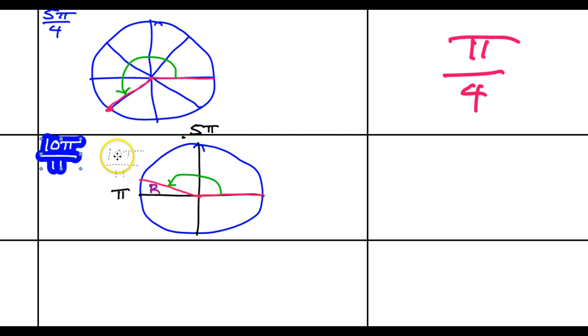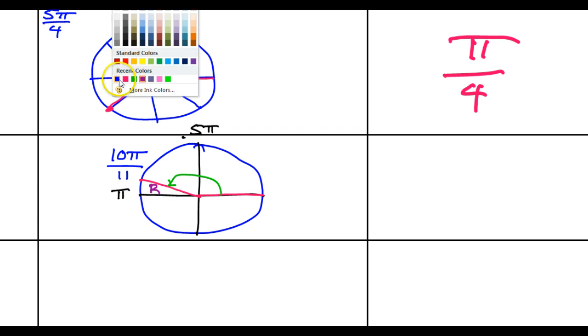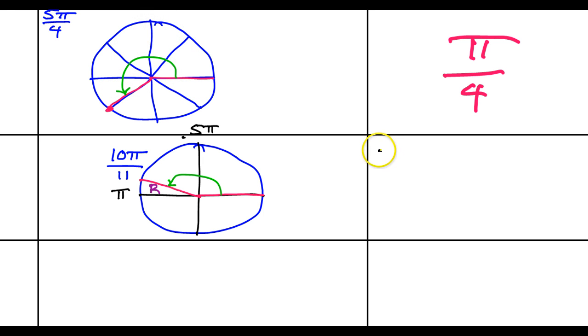Okay, this terminal side is 10 pi over 11. If I had gone a little bit further, I would have gotten to pi. So it's between these two. So if I want to find how big this is, I need to subtract. So for my reference angle, I need to do pi minus 10 pi over 11. Now I'm going to need like denominators here.